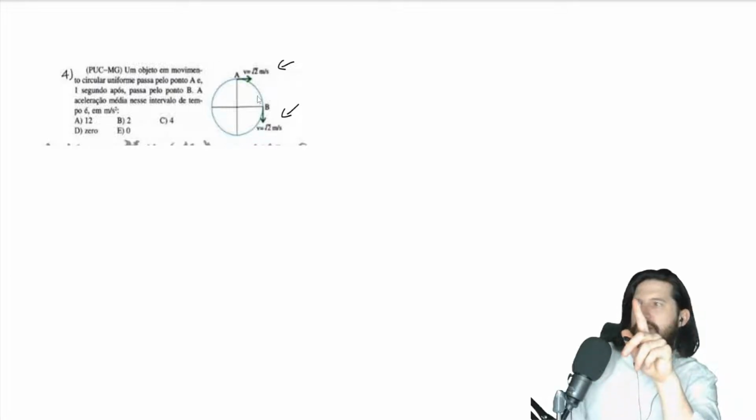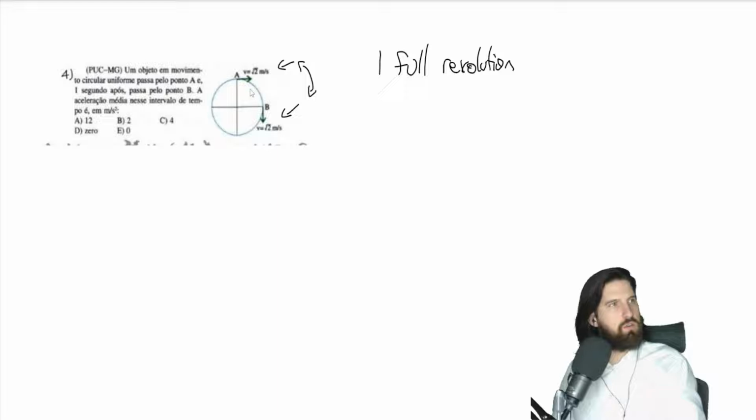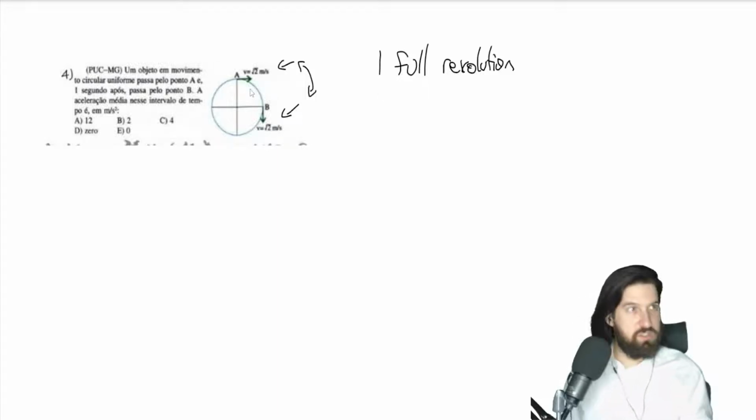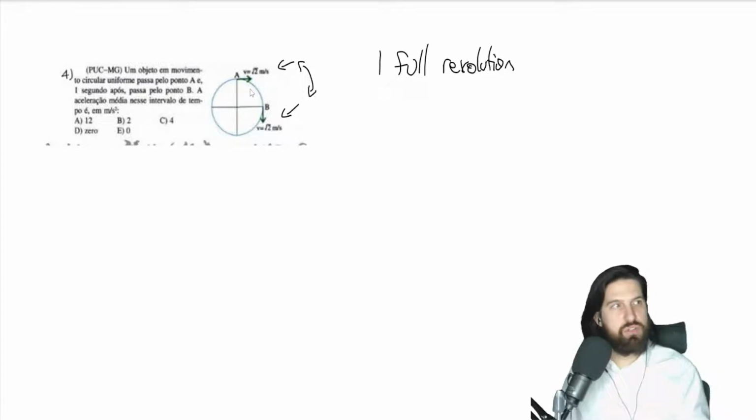And then it says it takes 1 second to pass. Well, how much of the circle is that? How much of the circle is from A to B? How much of one full revolution? Is it one full revolution? Is it 2 full revolutions? Is it half of a full revolution?